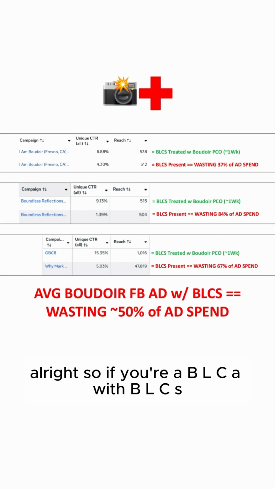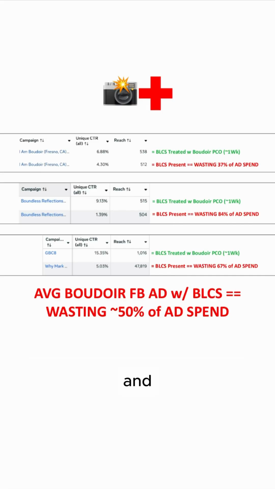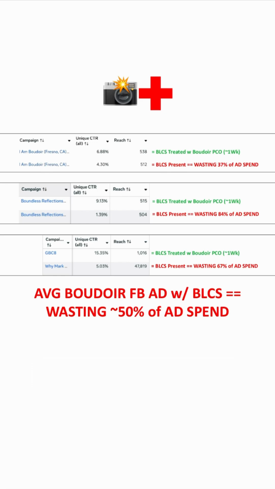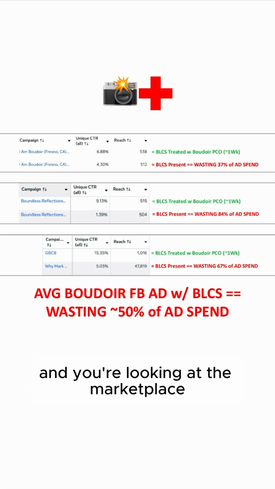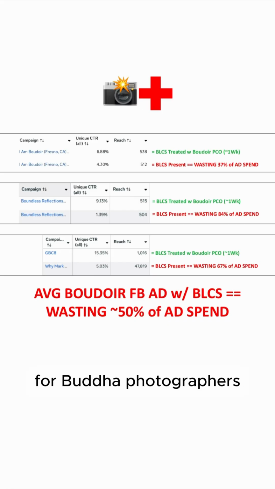All right, so if you're a BLCA with BLCS, so Boudoir low click advertiser with Boudoir low click syndrome, and you spend more than 10 grand a month in Boudoir Facebook ads, and you're looking at the marketplace, seeing it's getting more and more saturated for boudoir photographers.